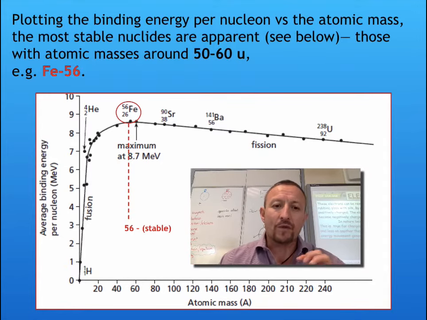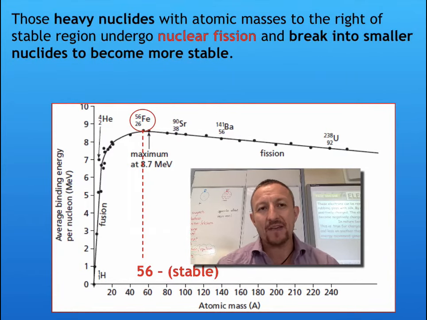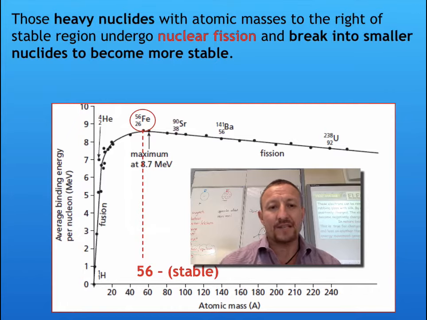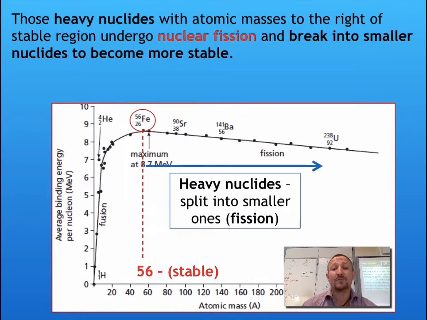So we've got this most stable point at iron-56. Anything which is heavier than iron-56 will undergo fission, and that means it's going to break into smaller particles, which will make new elements. So the nucleus will split into two, and the combination of the number of protons and the number of neutrons will make up those new elements.